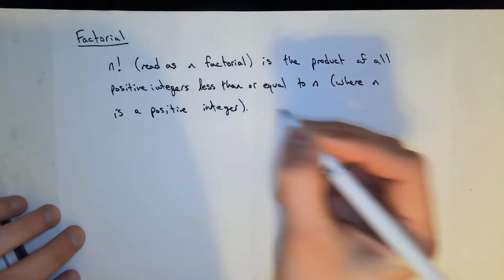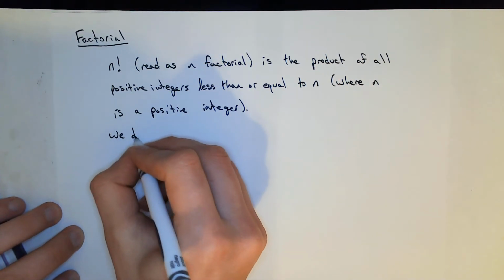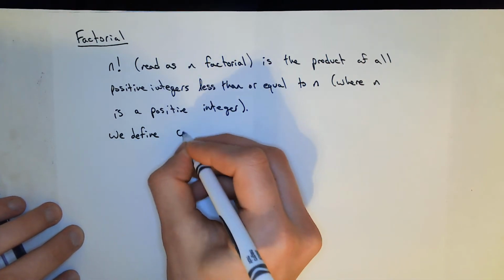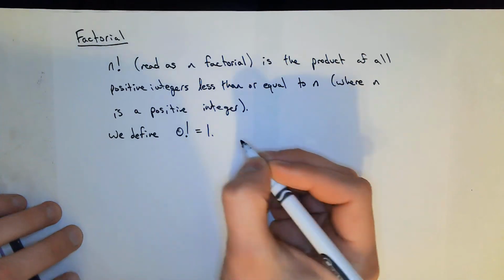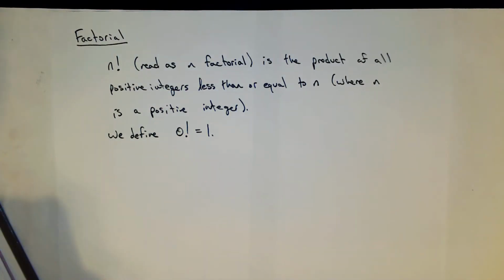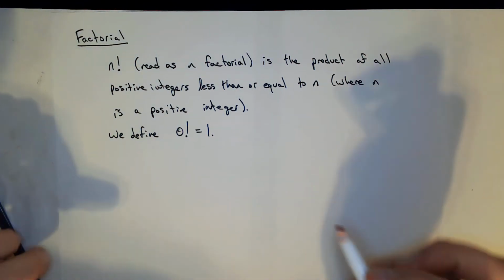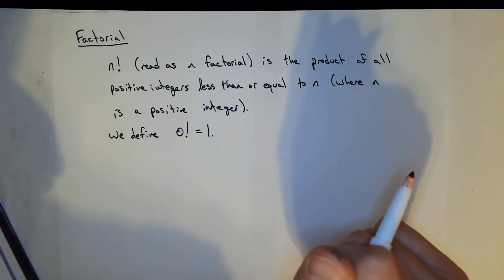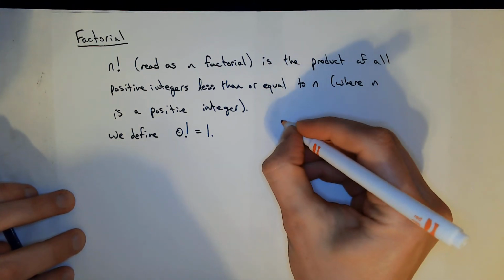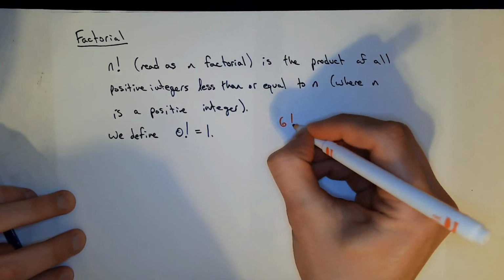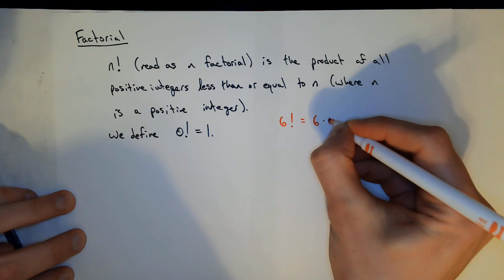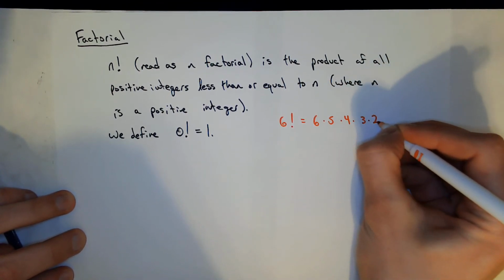And as a technicality, we define 0 factorial to be 1, which is very weird, but that's just what we have to define 0 factorial as in order to make all the math with factorials work. So, for instance, we've already kind of started doing at least partial factorials. So for instance, 6 factorial would be 6 times 5 times 4 times 3 times 2 times 1.